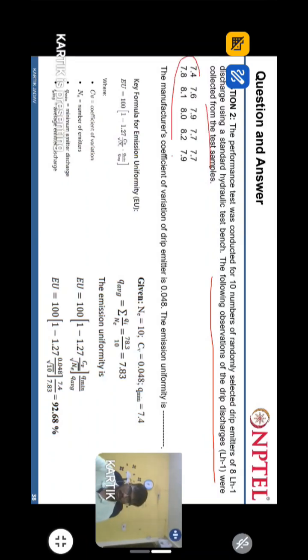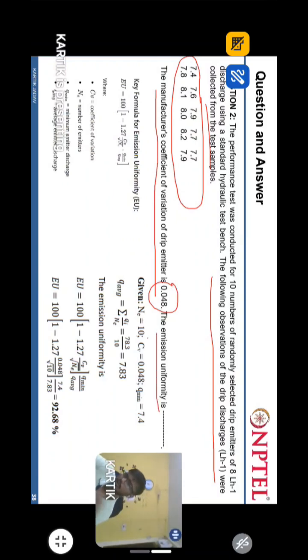So this is the discharge for 10 observations. We need to identify the manufacturer's coefficient of variation for the drip emitter. Okay, sorry, that is given already as 0.048, right? We need to identify emission uniformity.